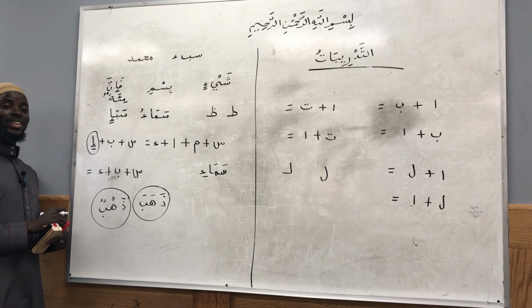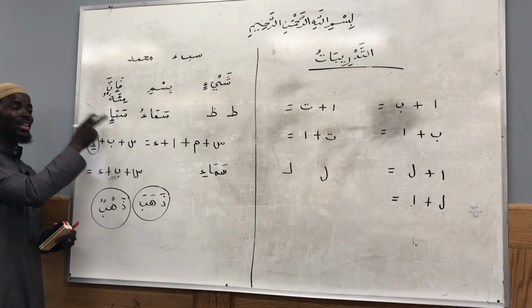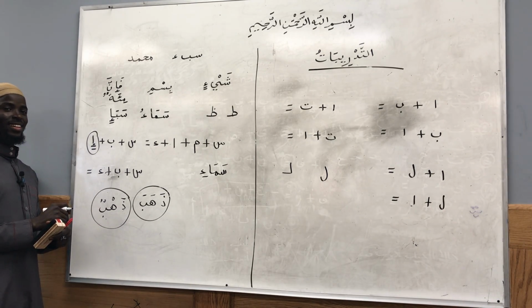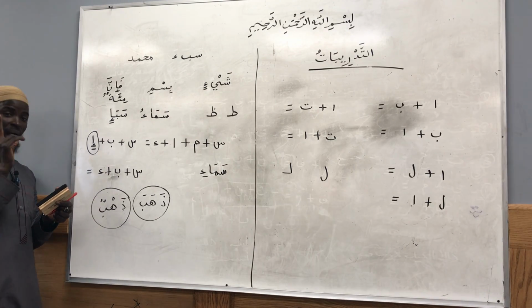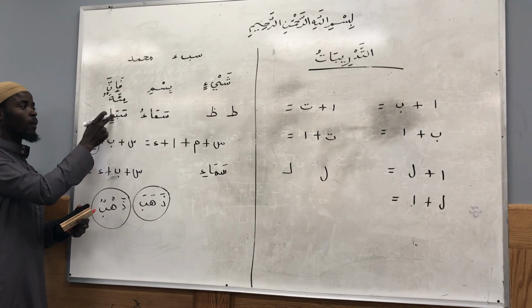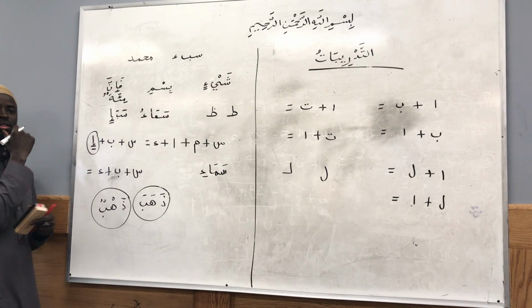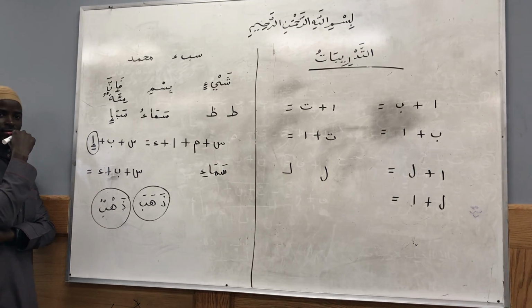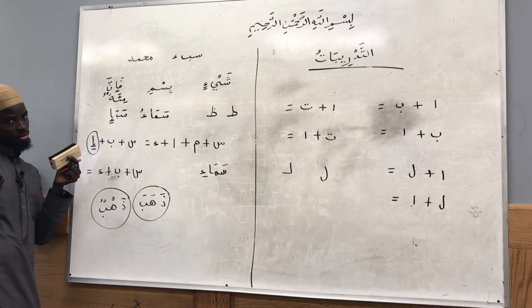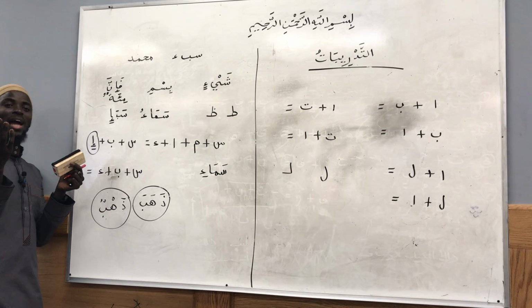So that means if you read it E, this one is not going to be hamza again. It's E, the same pronunciation. But if I ask you this one, is it hamza or alif kesra? It's going to be alif kesra.